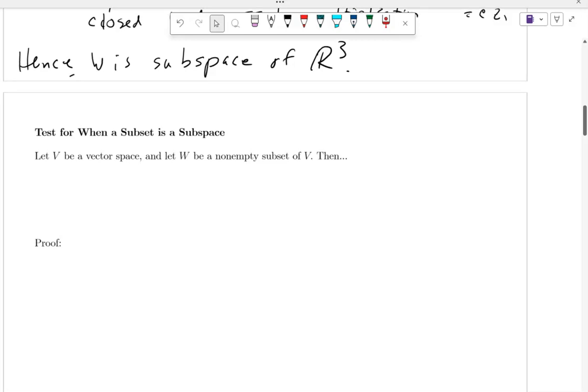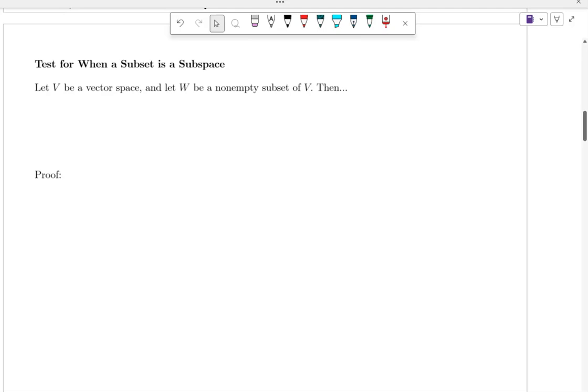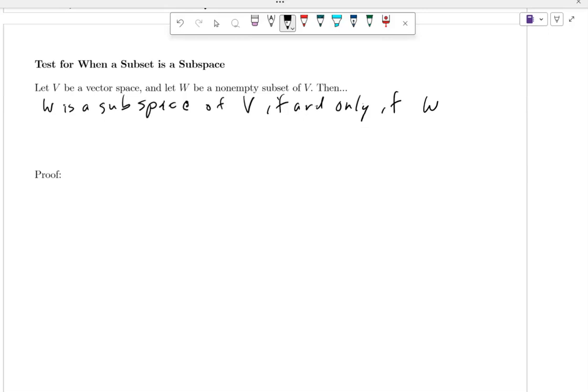So our test for when a subset is a subspace, okay? If W is a non-empty subset of V, then W is a subspace of V if and only if W is closed under addition and scalar multiplication.